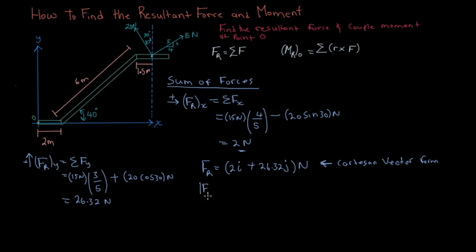So Fr is equal to the square root of 2 squared plus 26.32 squared, and this will be in newtons, of course. And what we get is 26.4 newtons. So that is the magnitude of the resultant force.